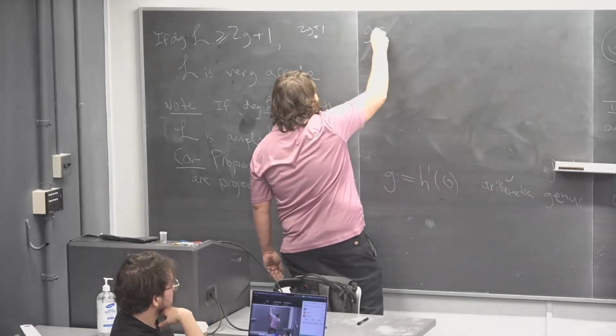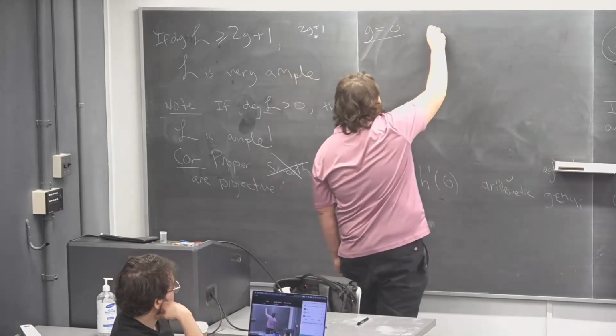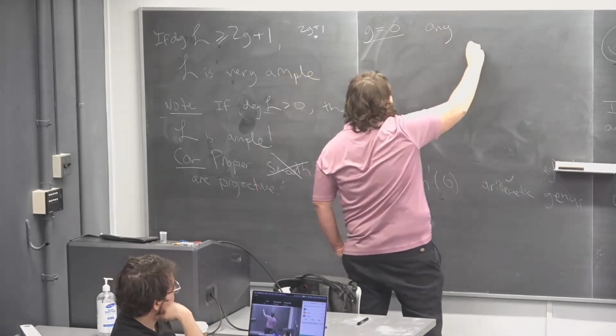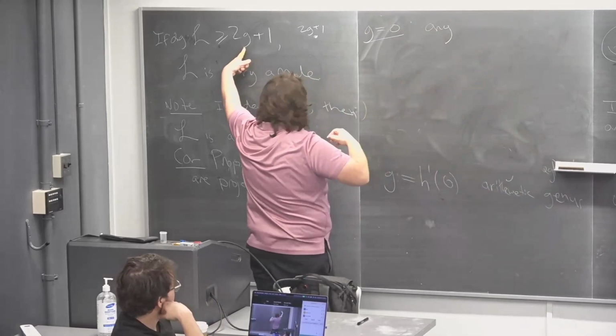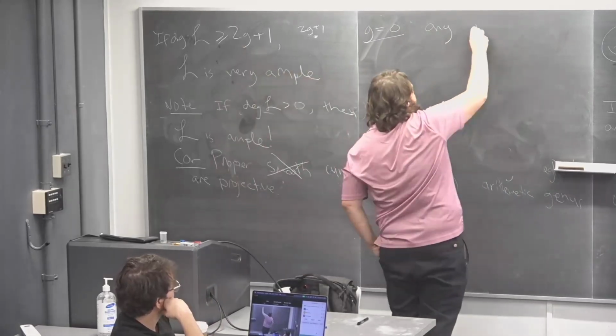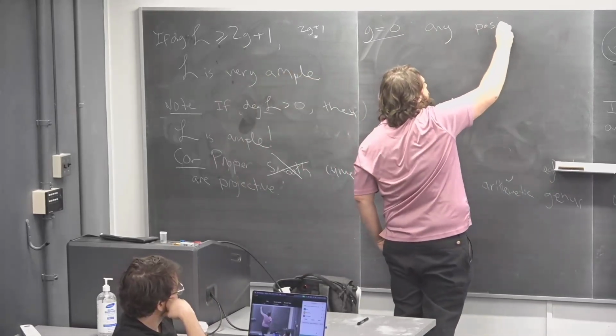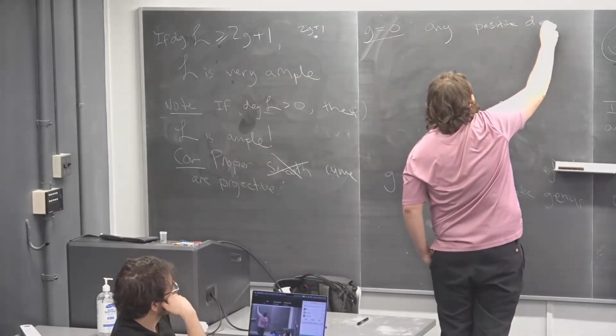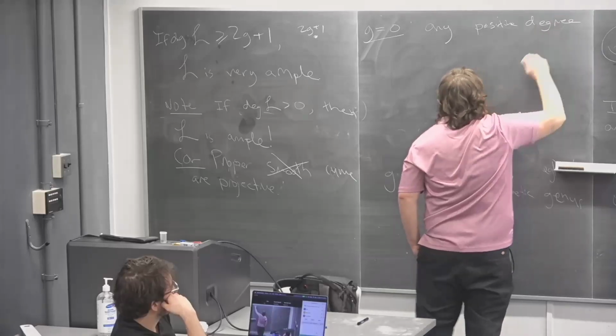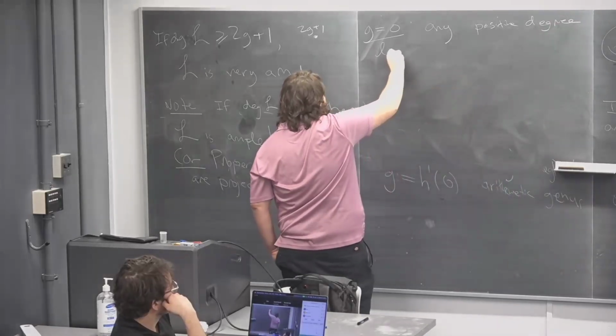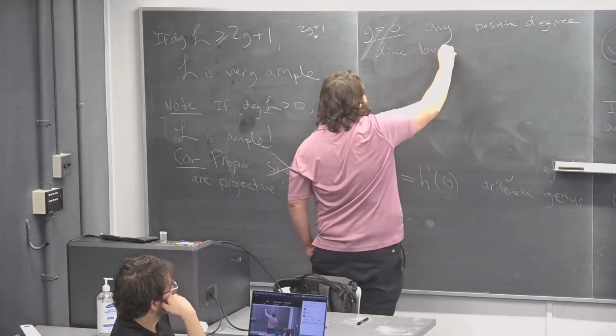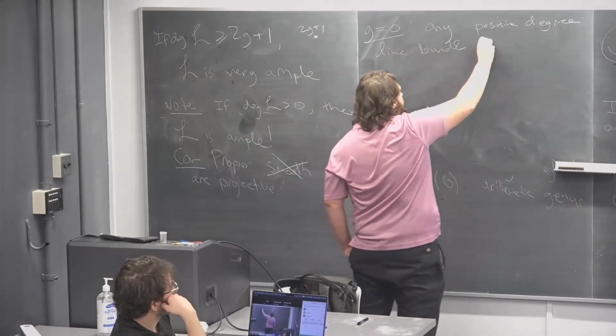If g equals 0, this tells us that any positive degree line bundle is very ample.